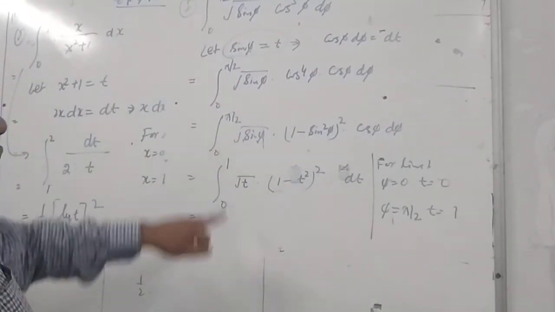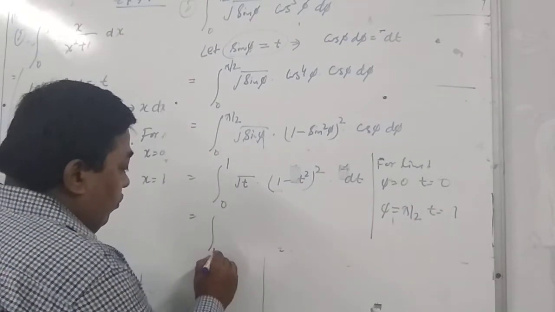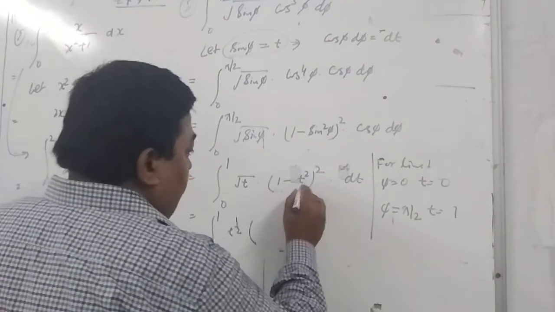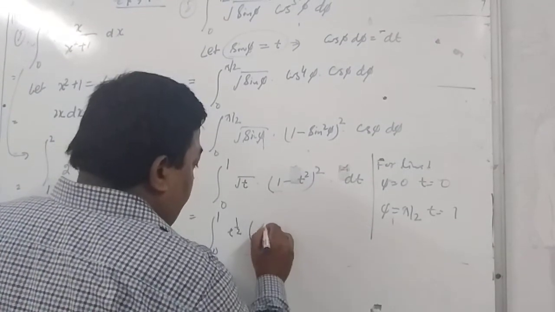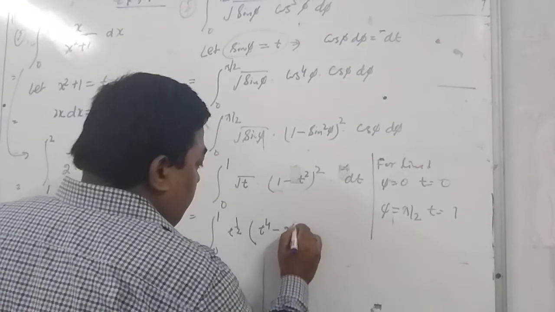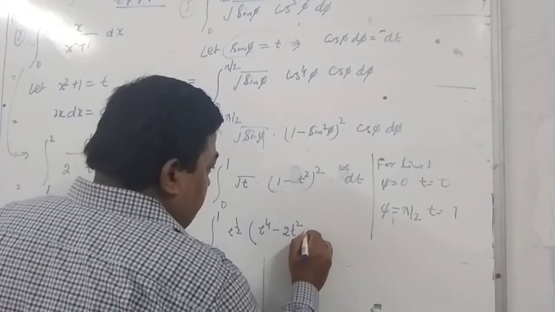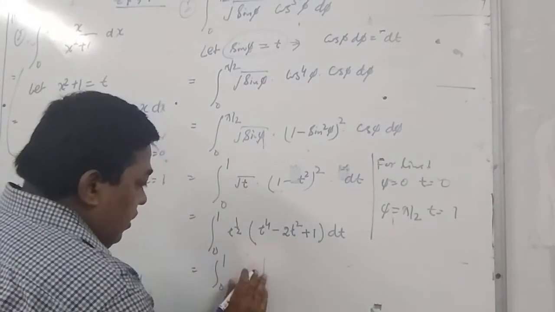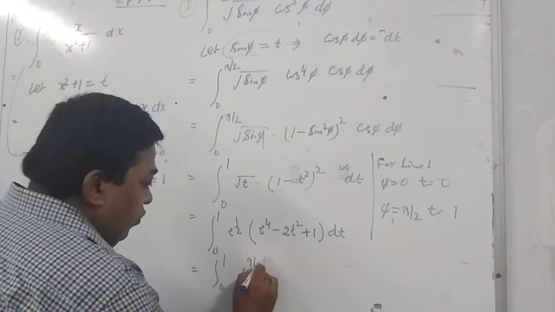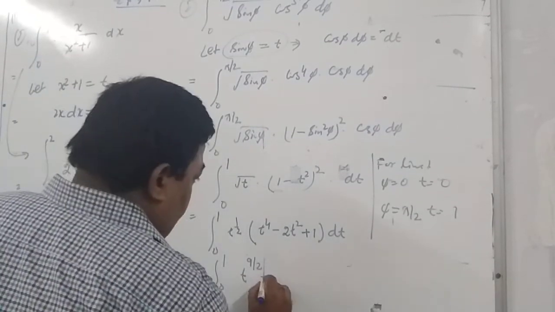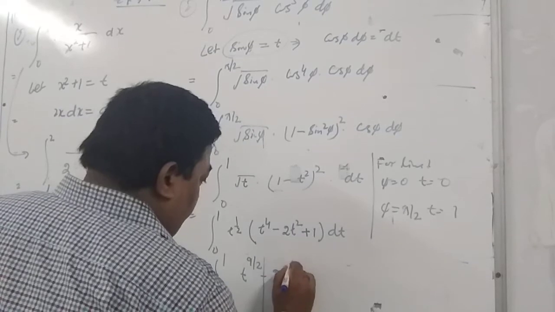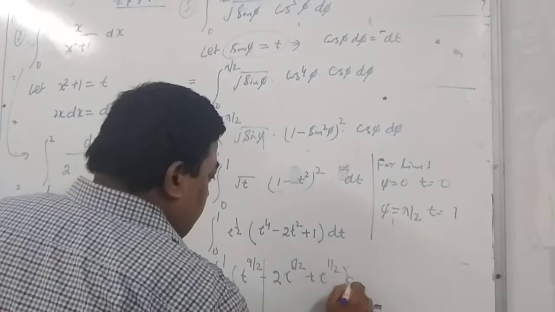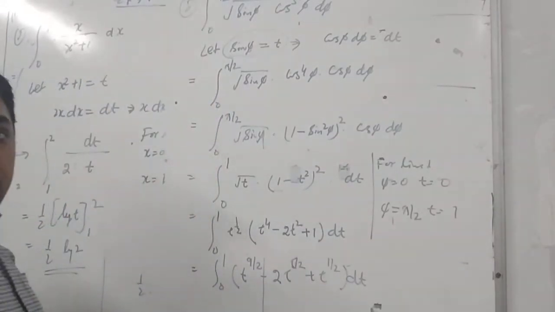Now, from 0 to 1, t to the power 1/2, apply the formula (a² + b² minus 2ab) here: (1 minus t²) squared is t⁴ minus 2t² plus 1. Multiplying through, we get t to the power 9/2 minus 2t to the power 5/2 plus t to the power 1/2 dt.